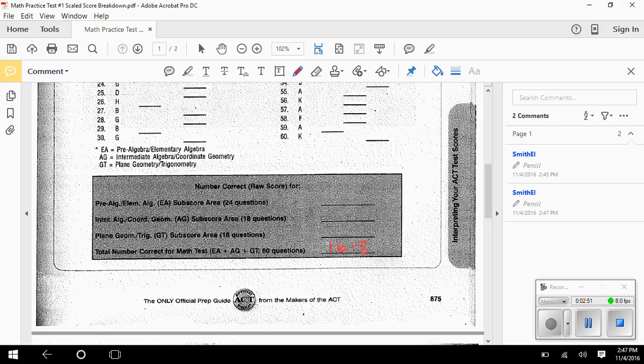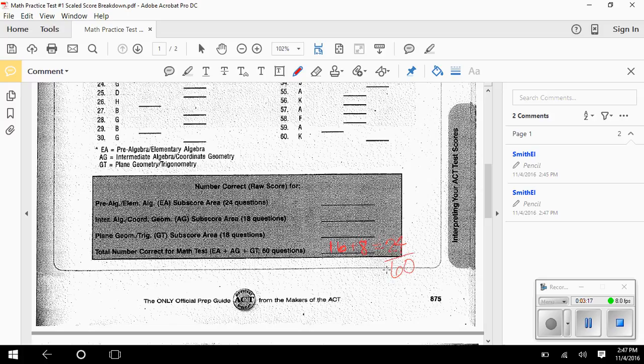Okay, so take whatever score you got correct, how many total numbers you had correct out of the 31, and we're going to add half of that score to it. Since we didn't take the whole test, a good estimate is to take about half of what you got here and add it on. So then I would have gotten a total of 24 problems right out of 60, which is not very good.